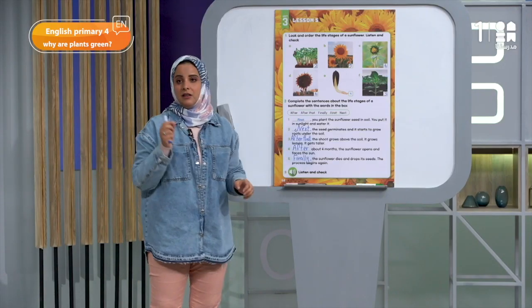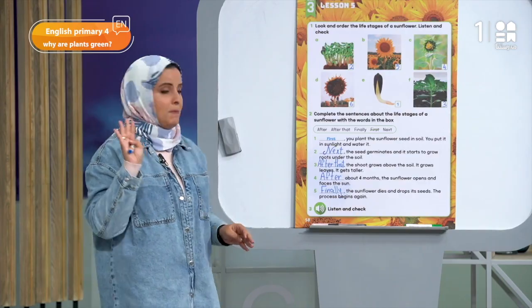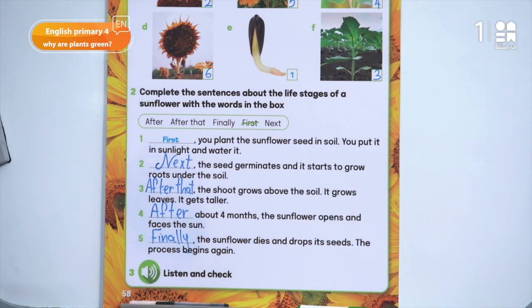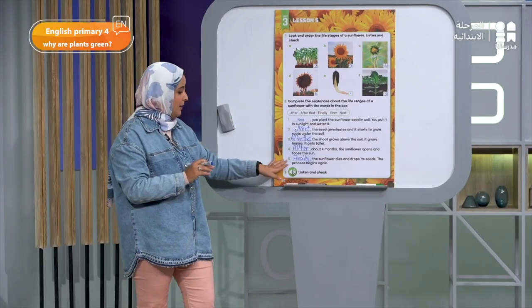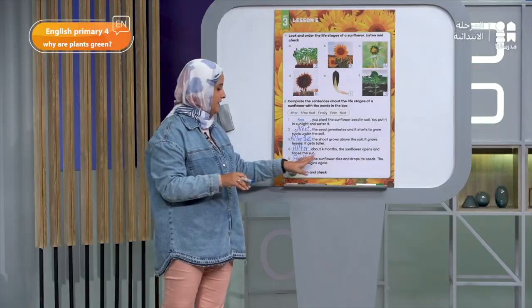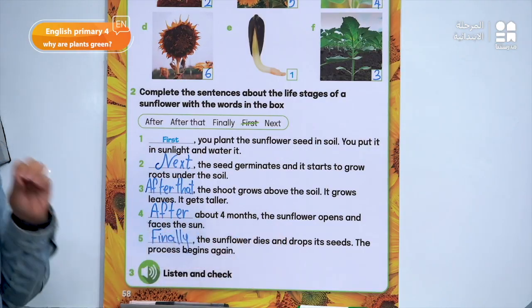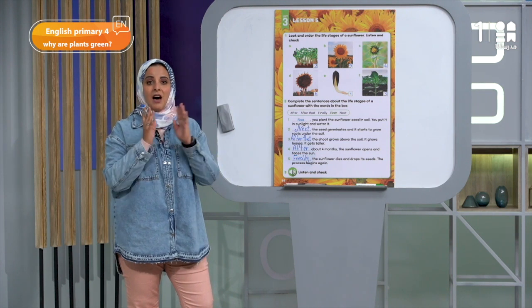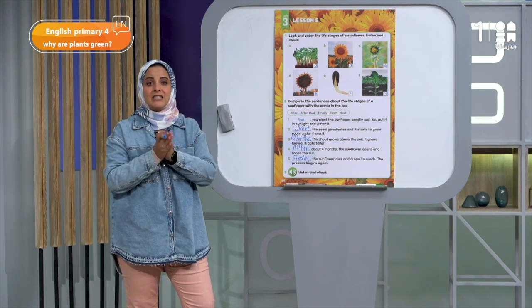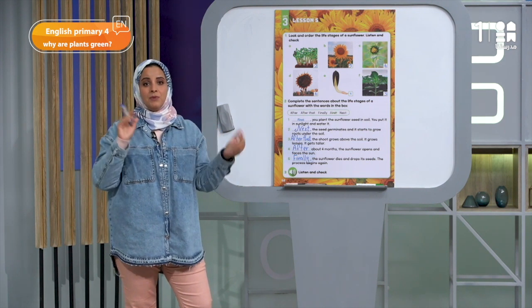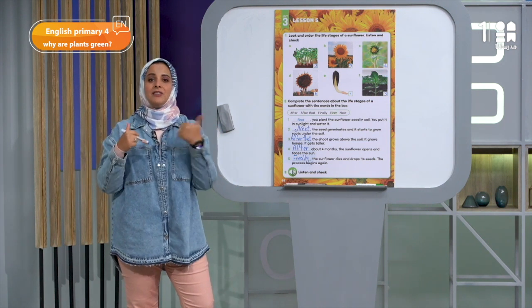Number 4, after about 4 months, the sunflower opens and faces the sun. Number 5, and it's the last stage, finally the sunflower dies and drops its seeds. The process begins again. After checking our answers, let's look at the sentences again and see the difference between after that and after.